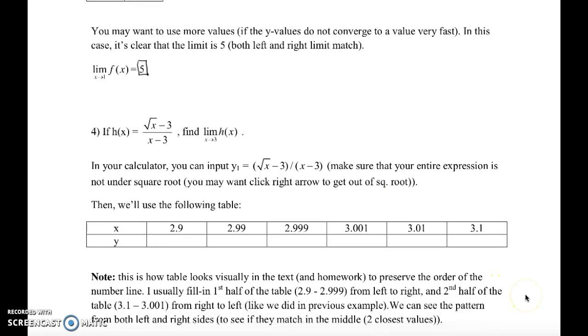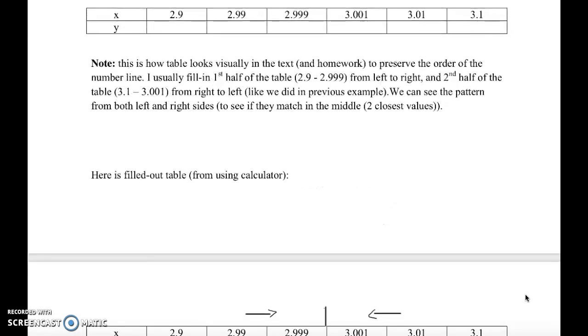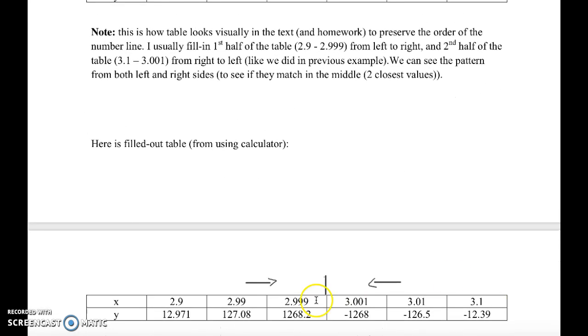All right. Now if we put in the values, I end up with 12.971, 127, and this value on the right gets bigger and bigger and bigger as x approaches 3. Now if I do it for the left-hand side, the values get infinitely smaller very quickly as I approach 3 from the left-hand side.